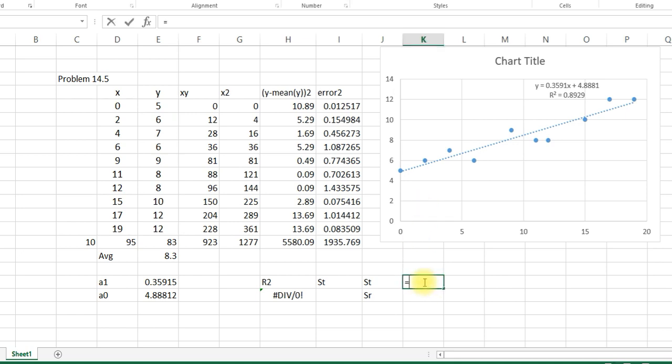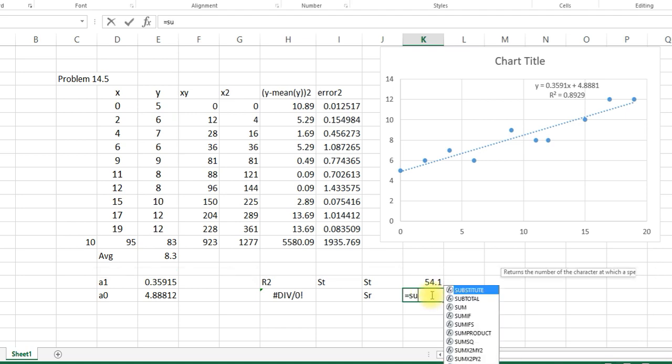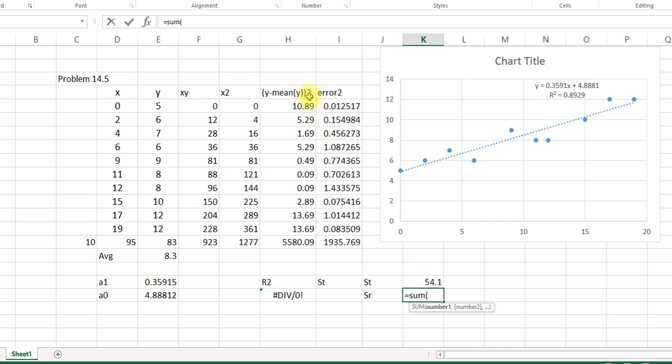So ST is basically the sum of y minus mean y square. So it's coming from here up to here. Okay, this is x and y. This is sum. So ST value is 54.1. SR, which is the sum of error square, y model minus y, is coming up to here. So SR and ST are this.